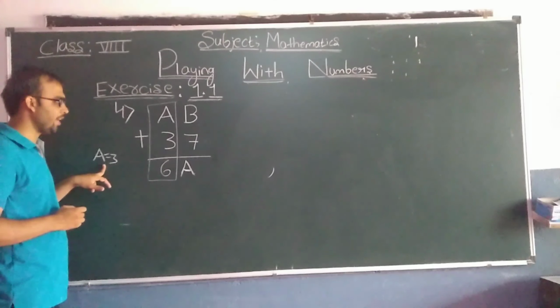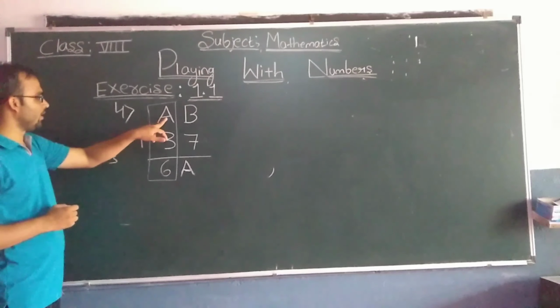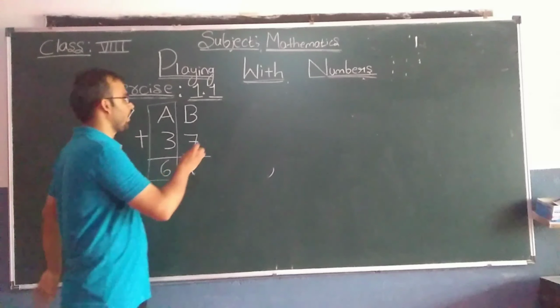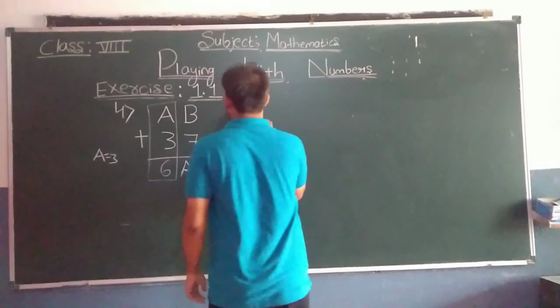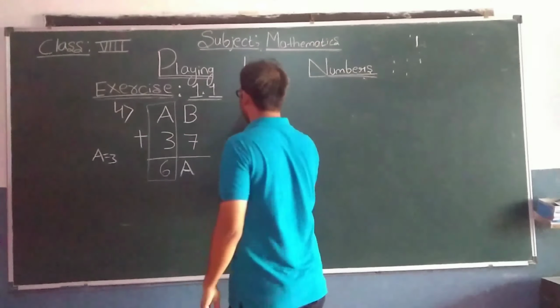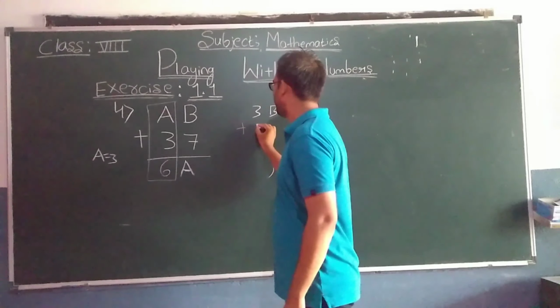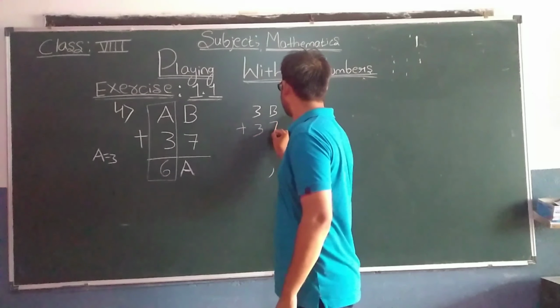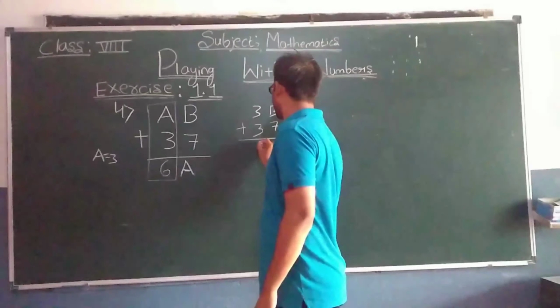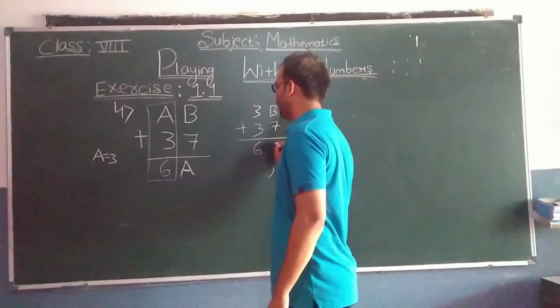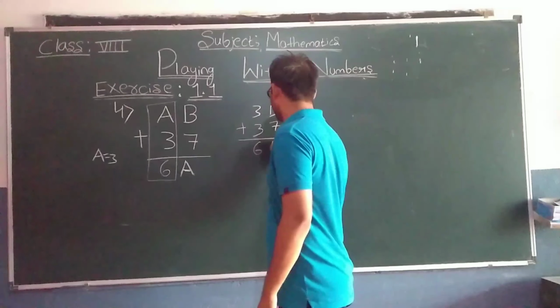If we assume A as 3, then let us solve this one. So 3b plus 37 equals 6, and we have assumed the value of A here as 3.